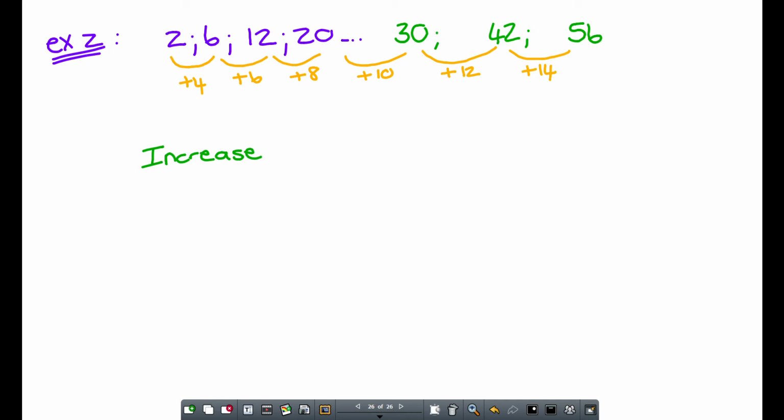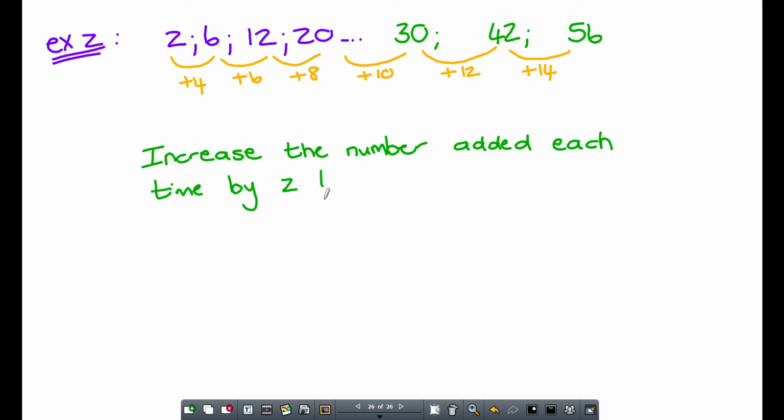So increase the number added each time by 2 to get consecutive terms. Yeah? Yes.